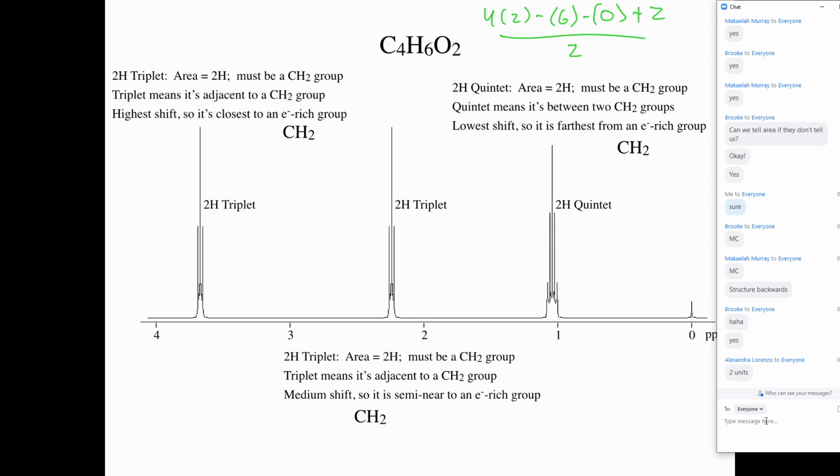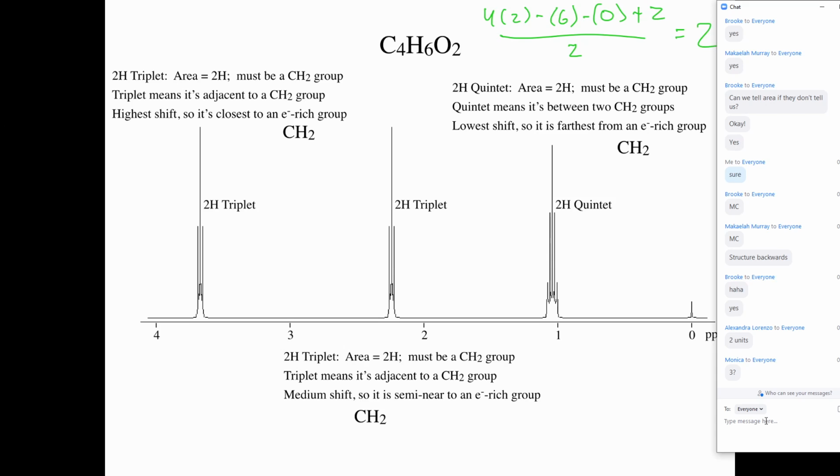There's 2 electrons per bond. 8 minus 6 plus 2 is 10 divided, or 10 minus 2. Time out. 8 minus 6 is 2 plus 2 more is 4 divided by 2. 2. Perfect. So 2 units of unsaturation in this case, which means could be 2 pi bonds, could be a ring and a pi bond, 2 rings. With so few heteroatoms and so few carbons, probably not 2 rings, but we'll see how it works out.